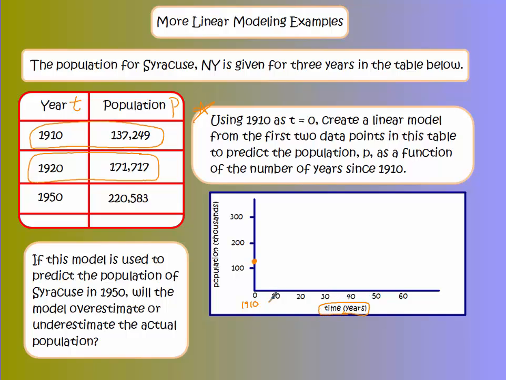So 10 more years would bring me to 1920. So actually my point is here. Okay, so now let me go up from 1920 to the population is 171,000. So I'm closer to this 200,000 mark, about 3/4 of the way up, so maybe somewhere around here.